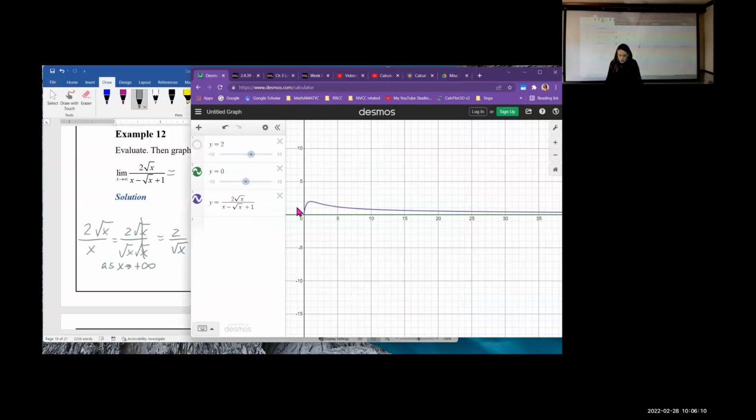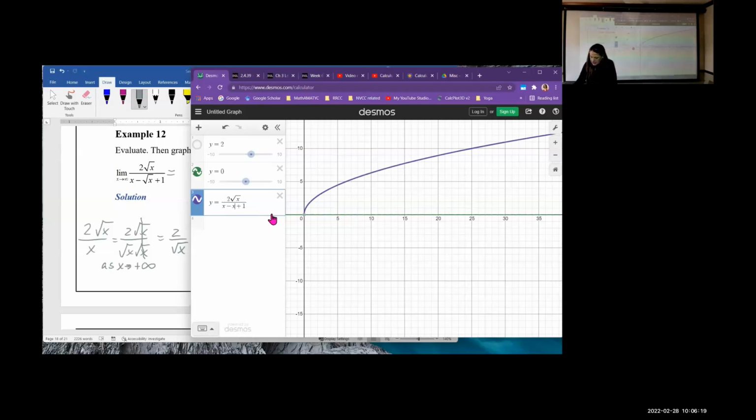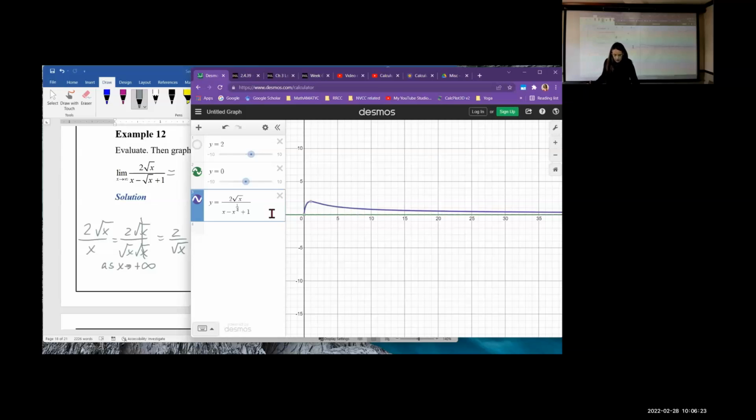Okay, let me show you an example of that by rewriting this. Instead of writing it as x to the square root, I rewrote it as x to the 1/2. Let me change it. Instead of 1/2, let me make it 1/4.